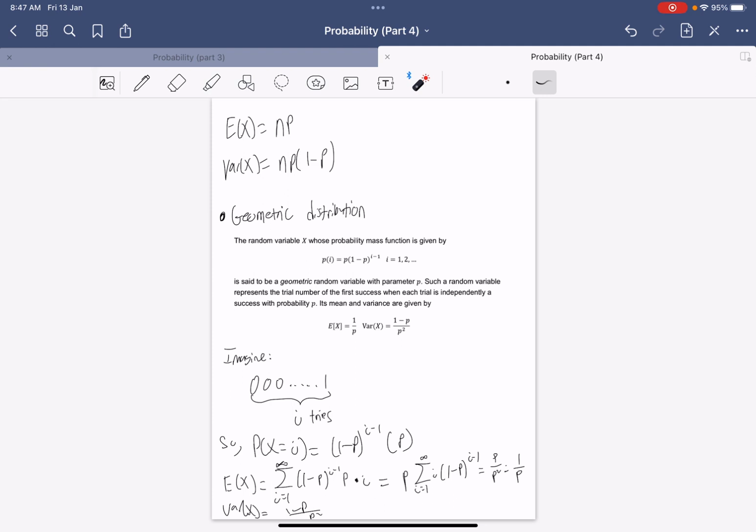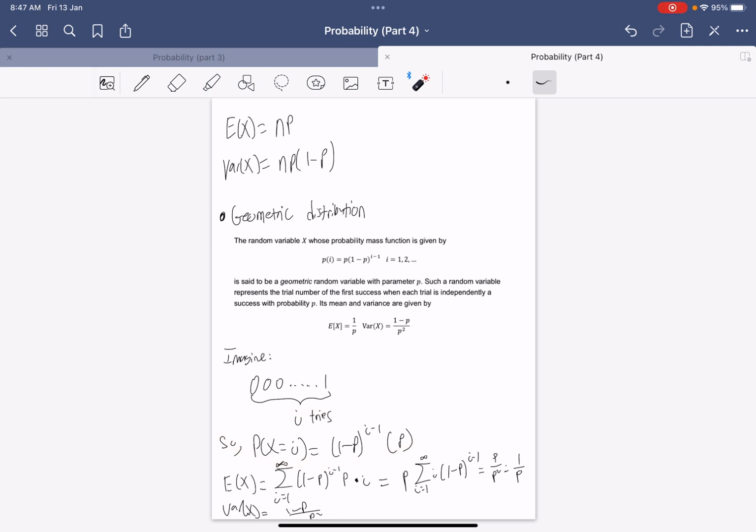Imagine you have failures all the way until you reach a success, and this occurs at the ith trial. The first one must be a failure, so it's 1 minus p. The second one is also a failure, so it's 1 minus p, and it fails all the way for i minus 1 times. That's why it's (1 minus p) to the power of i minus 1. And then the last one is a success, so you just need p. So basically this is the PMF for a geometric distribution.